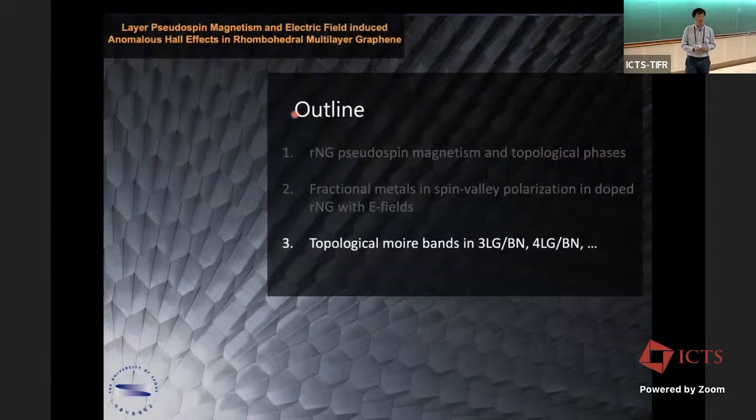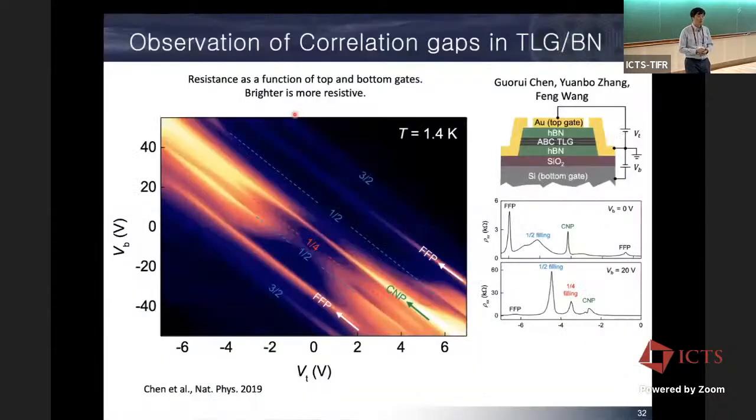And finally, I just wanted to tell you a few things about the band structures of rhombohedral multilayer graphene systems when they are interfaced with hBN, when they produce moiré bands. So this is an experiment that somehow ignited that work. And this is a representation, again, of resistivity as a function of top gate and back gate, which means that in this diagonal, we have the carrier density, and along this other diagonal, we have the electric field.